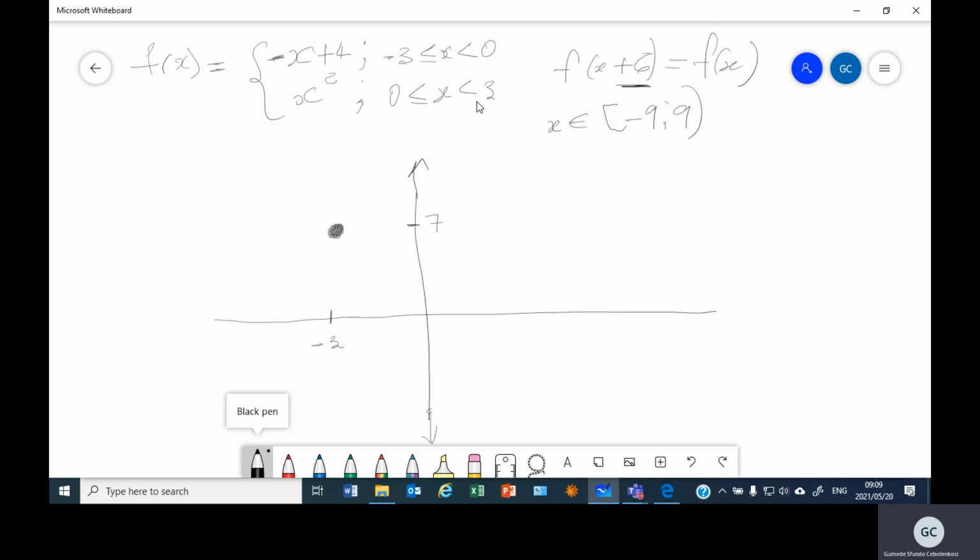Then next thing you say when x is equal to 0. X is 0. What is the y value? Substitute 0 here. You get minus 0 plus 4. You get 4. So 0 is to 4. Then you join these 2 points. Straight line. So it should be a straight line, because minus x plus 4 is a straight line having a negative gradient.